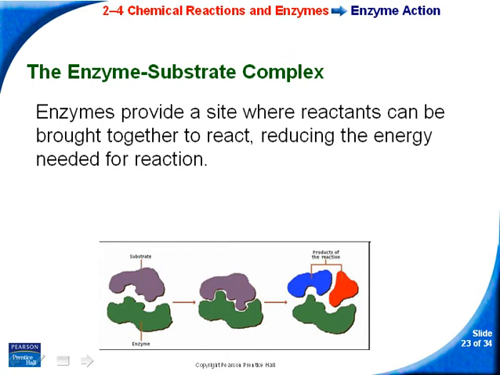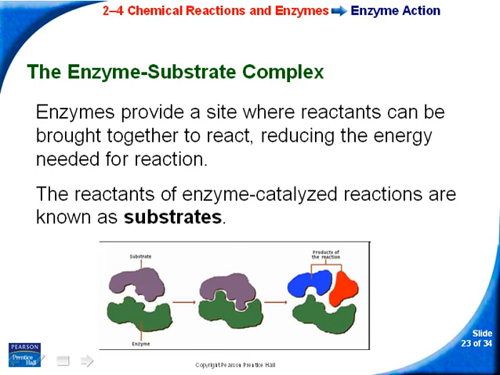So you saw that complex picture of that ribbon-looking enzyme. Here's a more general model of it, where we can talk about the enzyme substrate complex. What enzymes do is provide a specific shaped site so that the reactants can be brought together to react, and that reduces the energy needed for the reaction.